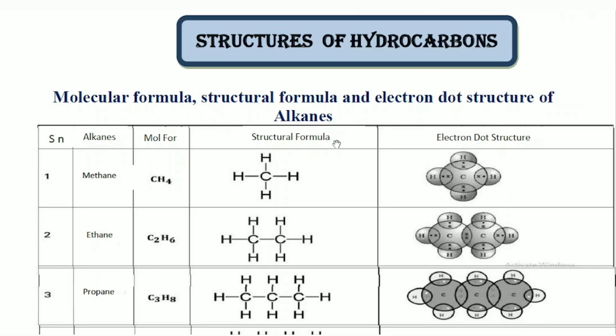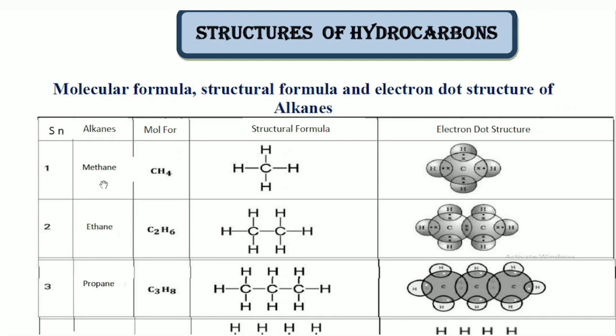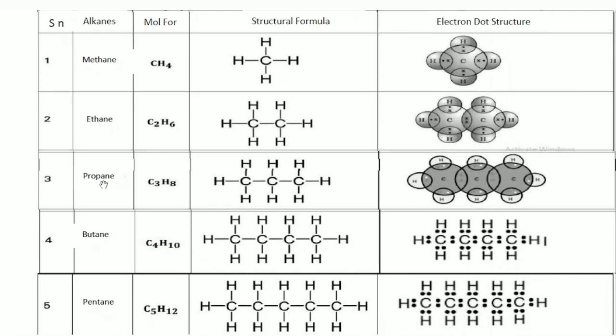The general formula of alkane is CnH2n+2. The general formula of alkene is CnH2n. The general formula of alkyne is CnH2n-2. By using this formula, easily you can find out the structural formula along with the molecular formula. Here in the alkanes, I gave methane, ethane, propane, butane, pentane, hexane.